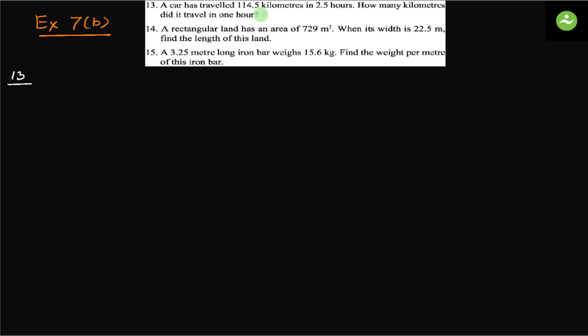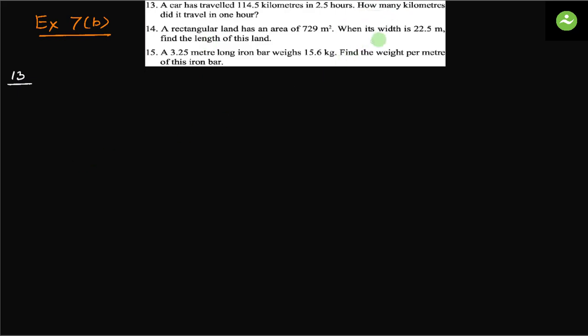A car has traveled 114.5 kilometers in 2.5 hours. How many kilometers? The answer we have to find will have the unit kilometer.